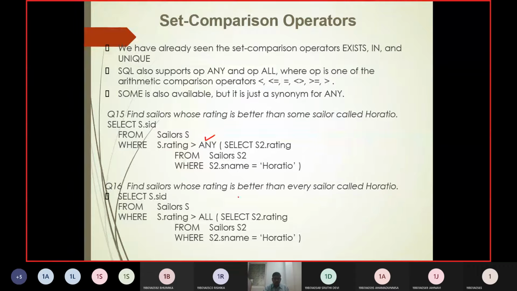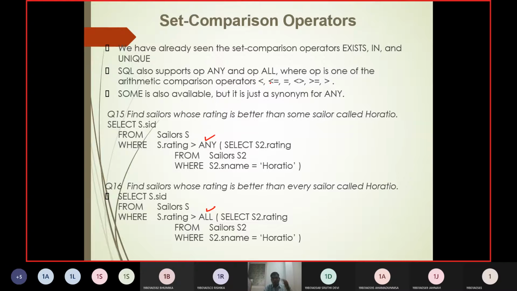One we call as any, another we call as all. So how is this all and how is this any going to work? That will be taken up.